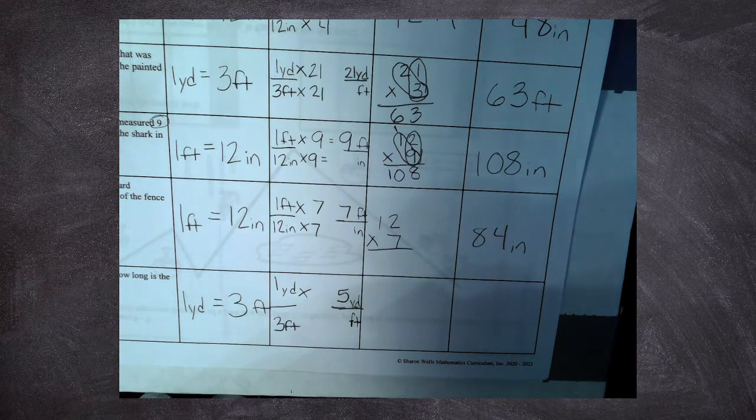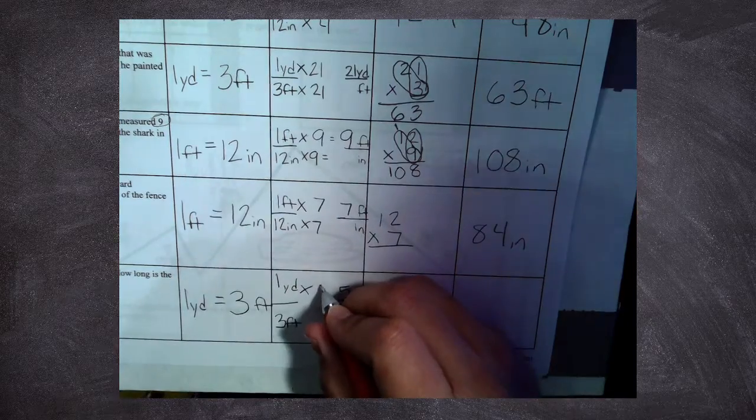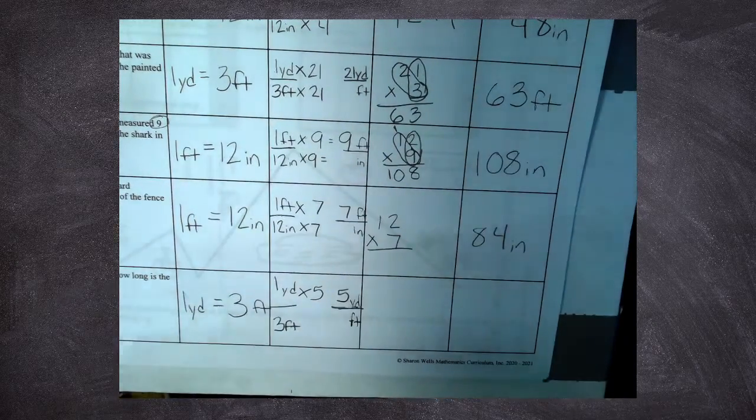Well, 5 times 1 would equal 5. It's the same way. Multiplication doesn't matter which number is in the front.